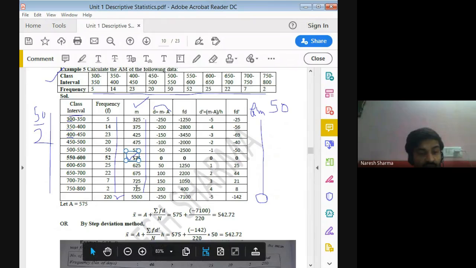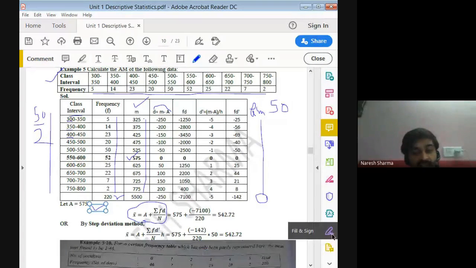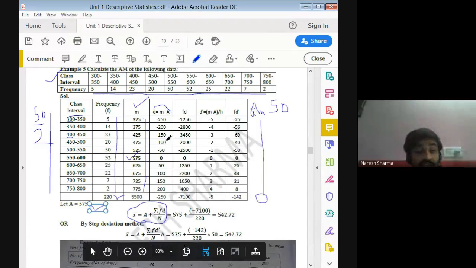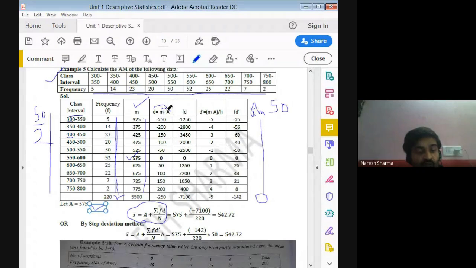So we assume this as the assumed mean. So the formula is a plus summation fd divided by n. So this f is given to us, d is the difference between m minus assumed mean.